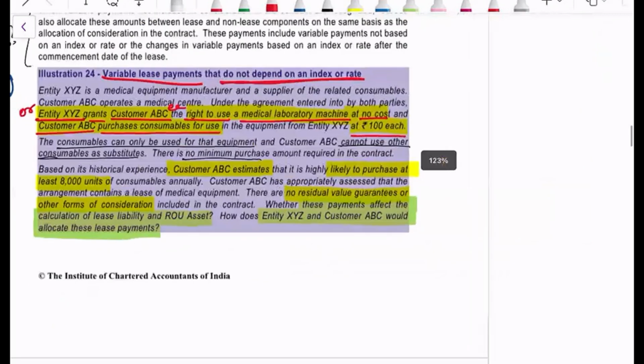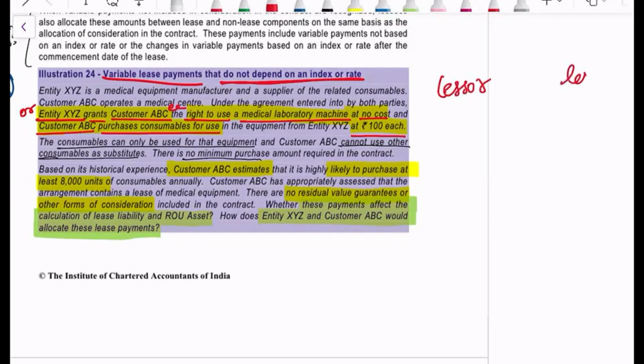This is usually an industry practice, where there is a lessor and a lessee.